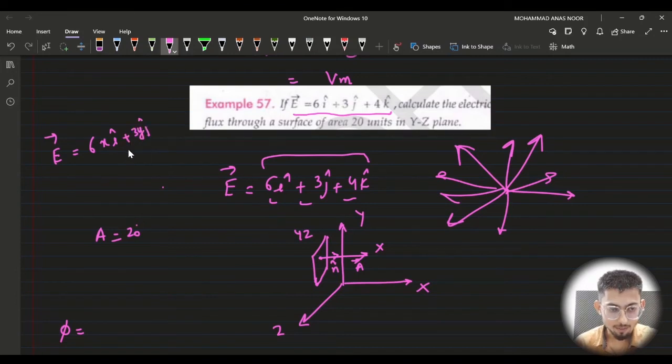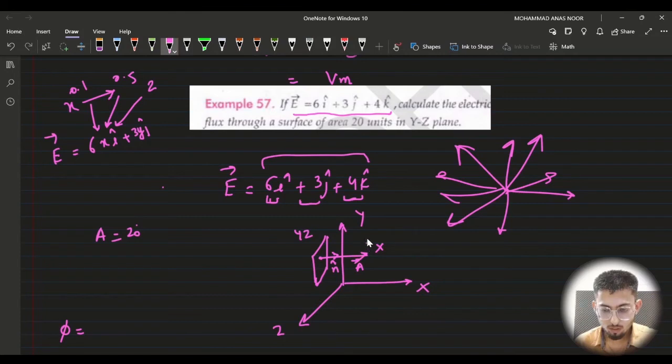That means for every x we reach, for example x is 0.1 or 0.5 meters, there is a different component of the i vector. But here the i, j and k components are fixed, so it's uniform.